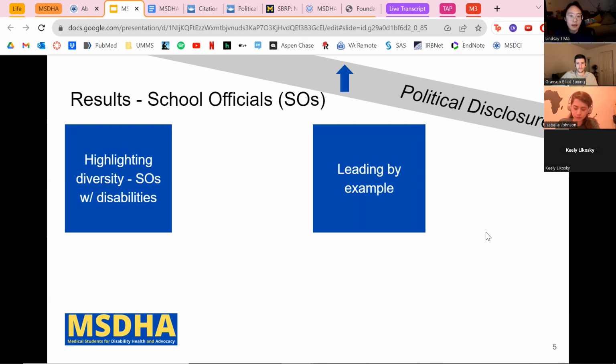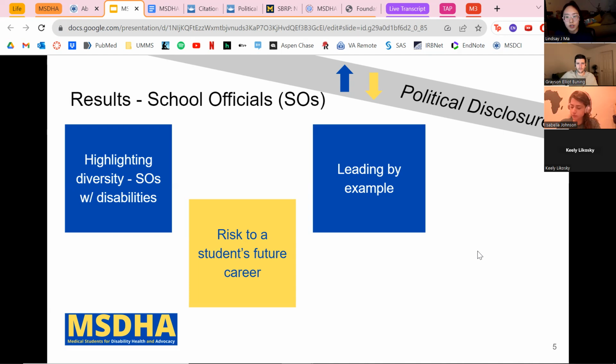There are also reasons why political disclosure is more challenging according to school officials. One is that SOs thought students' future careers could be at risk. Although they didn't endorse hiding information from residency programs, they did express concern that disclosing disability status could hurt a student's chance for future career opportunities.